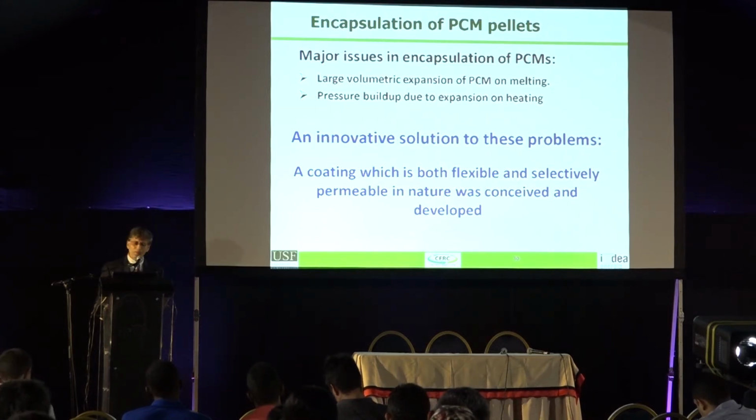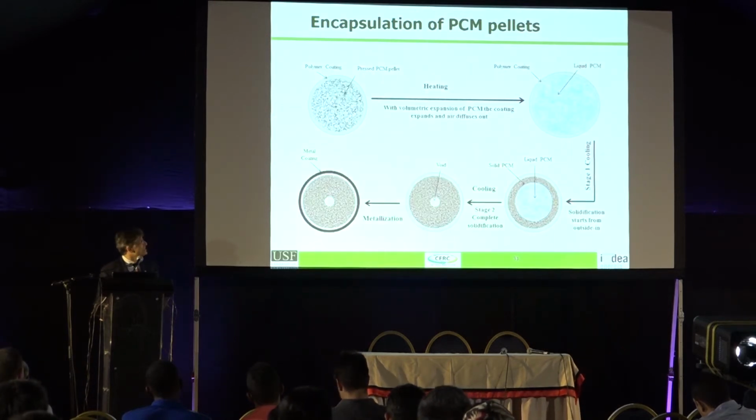So we developed that coating, and based on that, we developed this encapsulation procedure. So with that coating, now we start to heat it. So what happens? First, any air in there diffuses out. Then it starts to melt and it expands, so this outer coating expands with it.